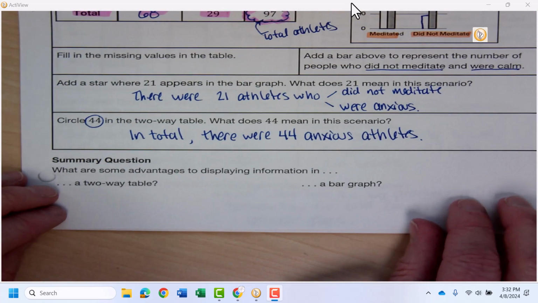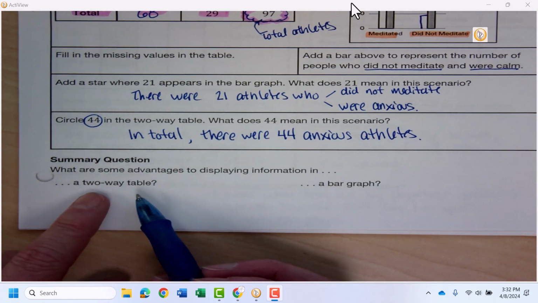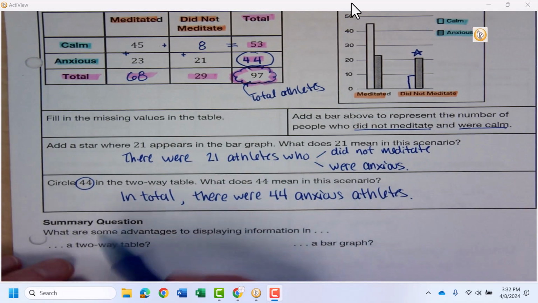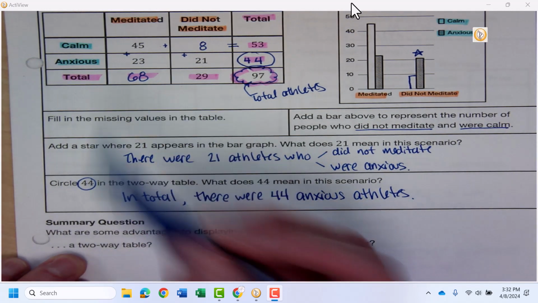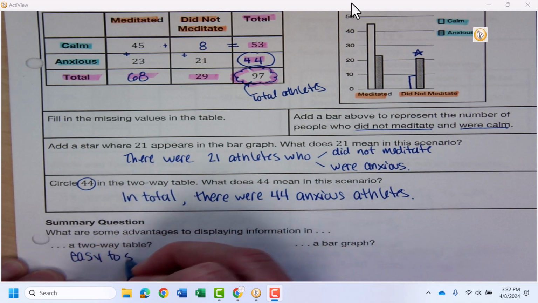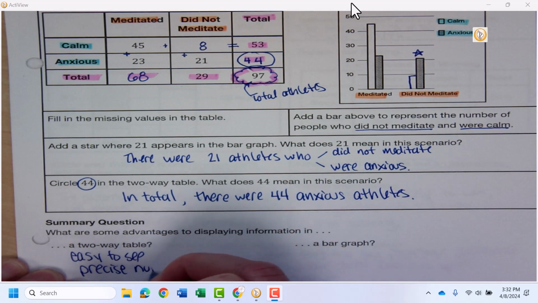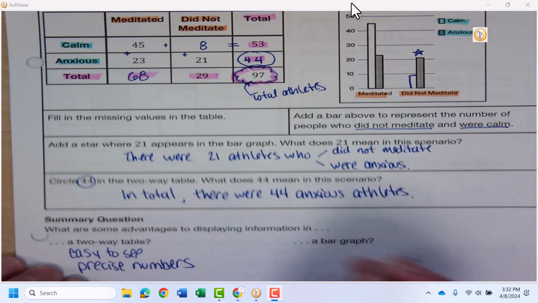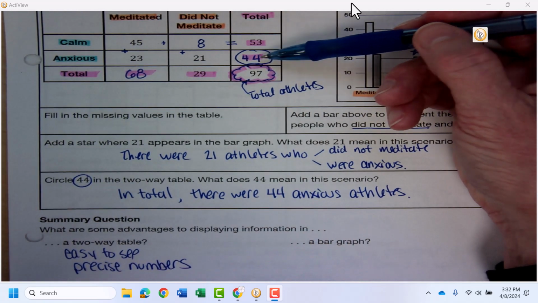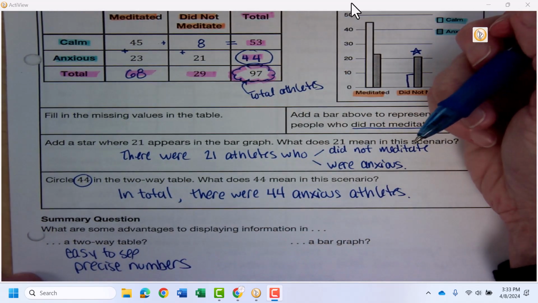So there's benefits to both kinds of displays. Let's see if I can show everything at once. The benefit to a two-way table is it's easy to see precise numbers. If I want to know the total number of anxious students, I can look right there and I see that it's 44.